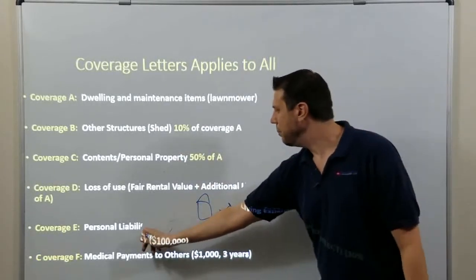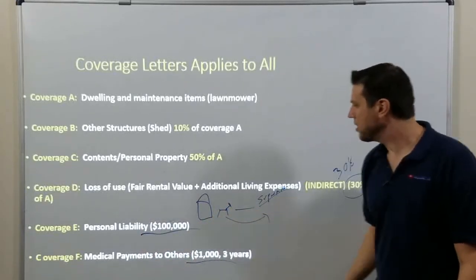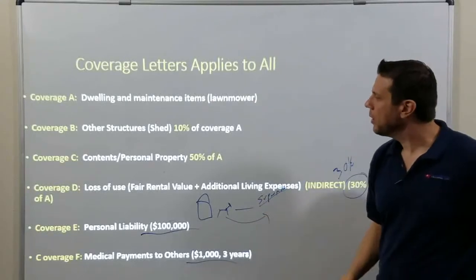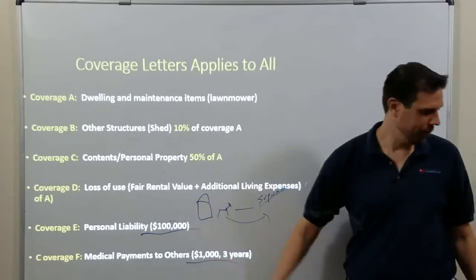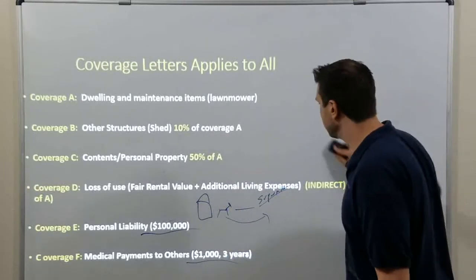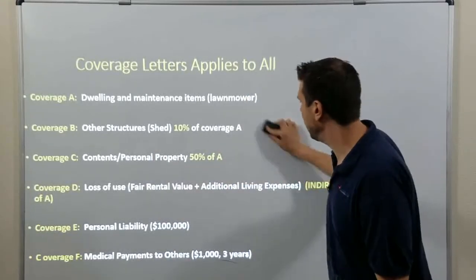Liability is typically a minimum of $100,000. You can get higher. MedPay, medical payments to others, is $1,000. We'll talk more about them in a little bit, but Section 2 of the policy is coverage E and coverage F, which is liability and medical payments. You get this for free under homeowners because it's a package policy.